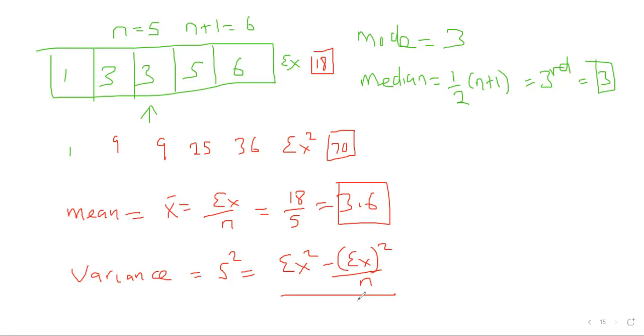Summation of x squared is 70. Then 18 squared over n, which is 5. Everything over 5 minus 1. The starting point is always this part here: 18 squared divided by 5.